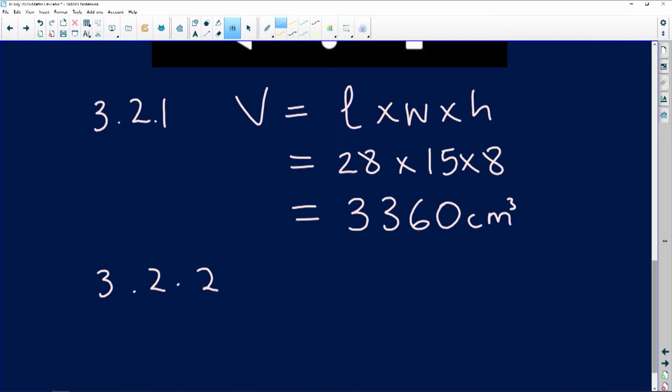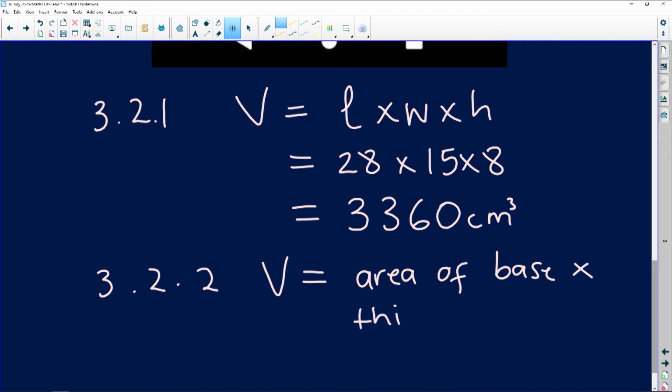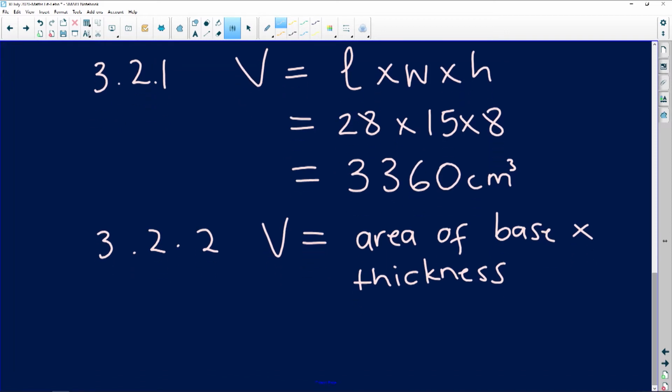It says to us, we need to use volume is equals to area of base, which we are given. So area of base times thickness. And I said to you guys, thickness is just a fancy word for height. So don't be scared whenever you see the word thickness.